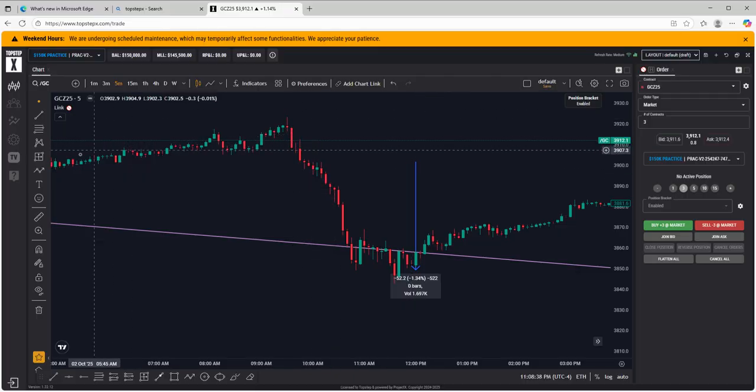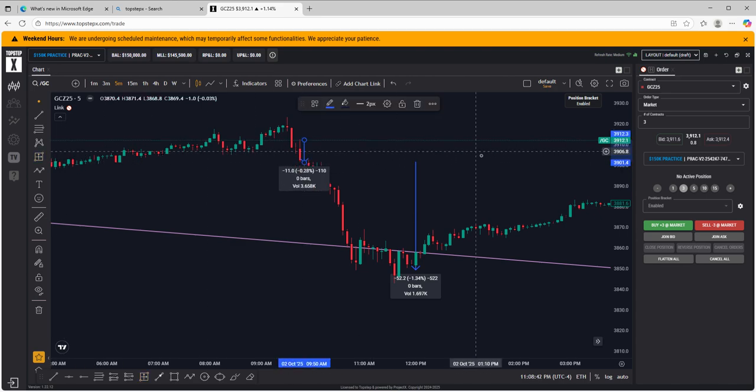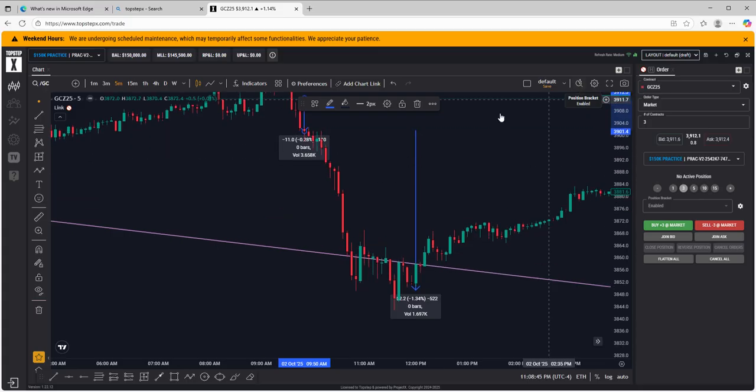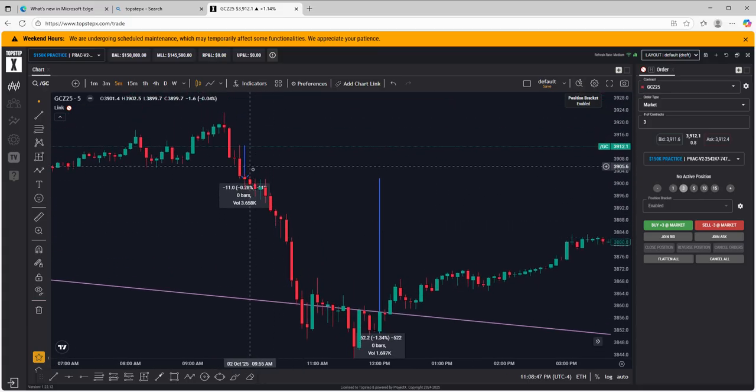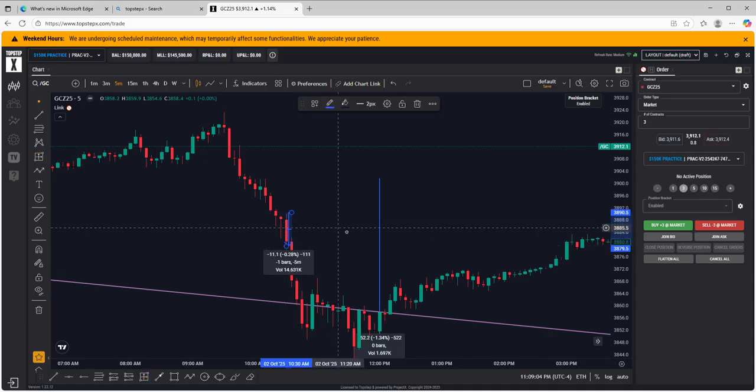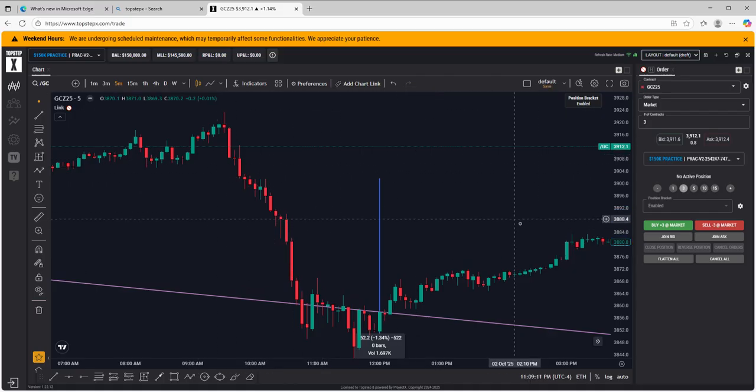This candle right here, another $1,000. This candle right here, another $1,000. Now, this is occurring between 10 and 11.